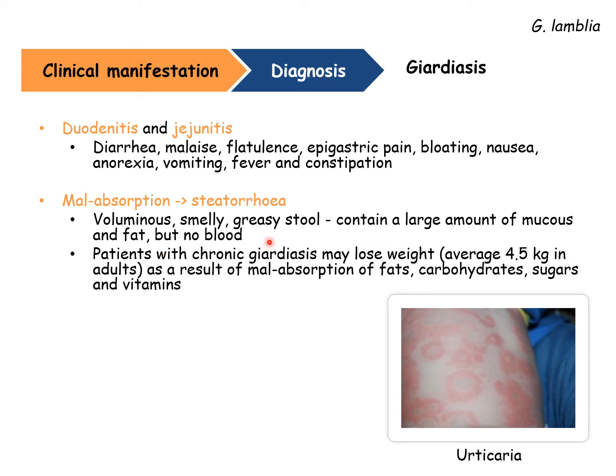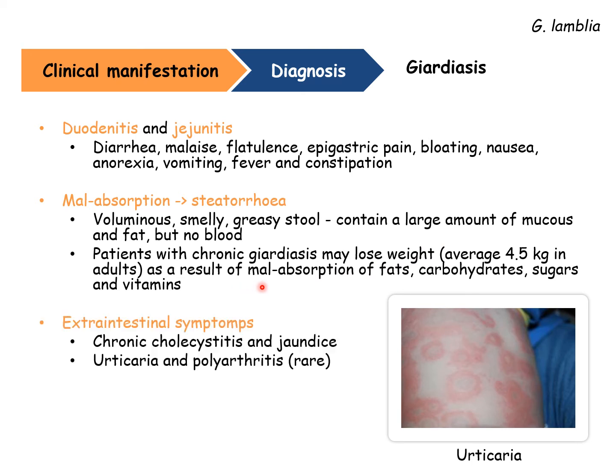So the patient with chronic giardiasis usually will have weight loss, as a result of malabsorption of fat, carbohydrate, and sugar or vitamin. In terms of extraintestinal symptoms, it includes chronic cholecystitis and jaundice. Sometimes allergic symptoms can occur, but rare.